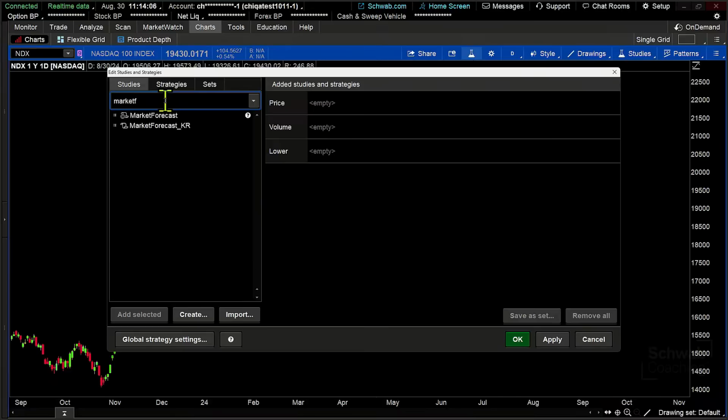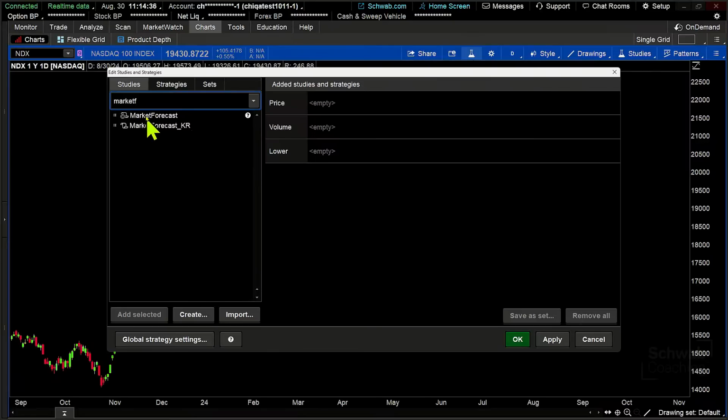And the one that comes up by default is this one, market forecast. This is the one that's pre-built. It is proprietary. I also have one in here called Market Forecast KR, which I'm going to show you in just a minute. And by the way, you might recognize the initials KR as Ken Rose, who helped build this market forecast, not only the original, but also the Market Forecast Ken Rose script.